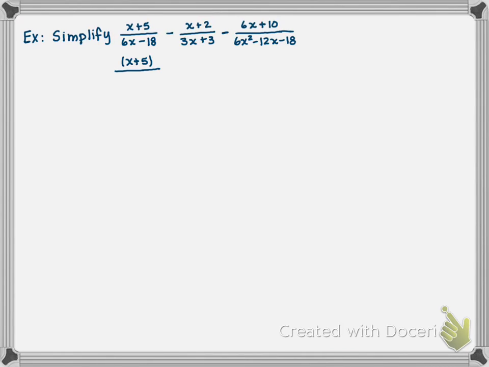Sometimes if I miscopy an example, I can just roll with it, but these get really messy if the denominators don't work out to a really nice LCM, so I have to change it. Okay. So I can factor a 6 out here, and I have x minus 3.